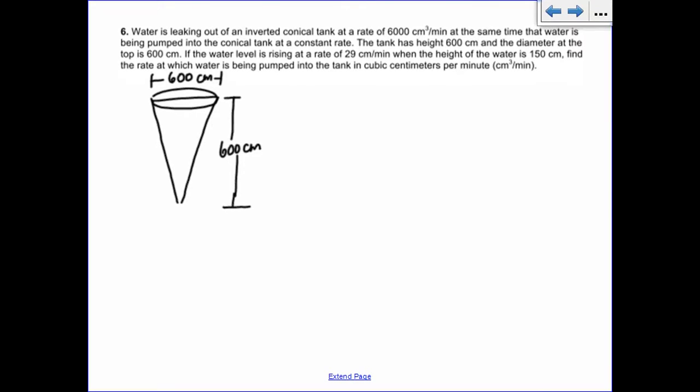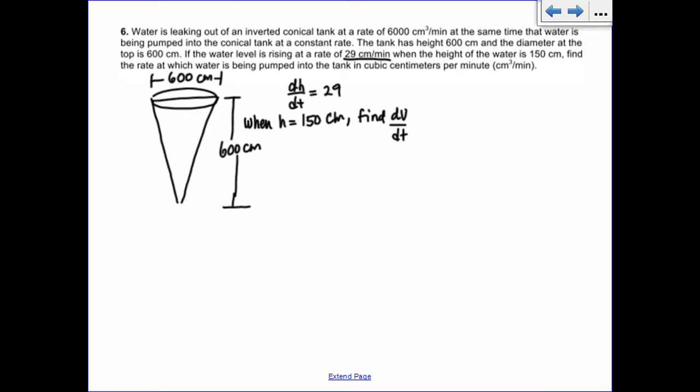If the water level is rising at a rate of 29 centimeters per minute, so dh over dt equals 29, when the height of the water is 150 centimeters, find the rate at which the water is being pumped into the tank, so the dV over dt. So when h equals 150 centimeters, find dV over dt.